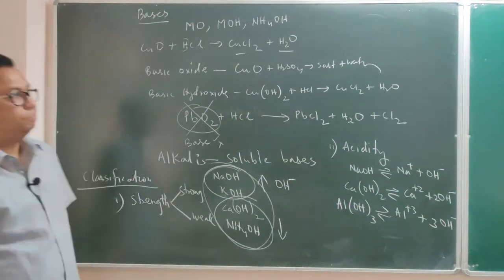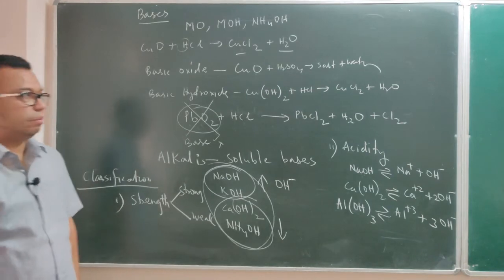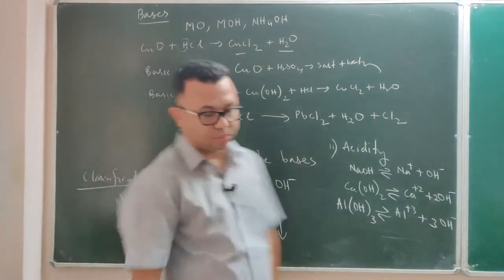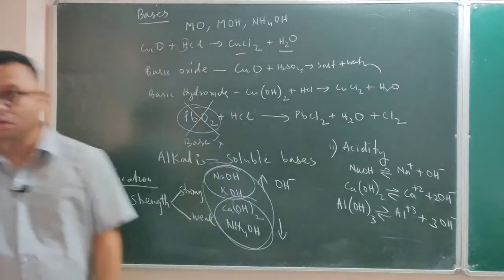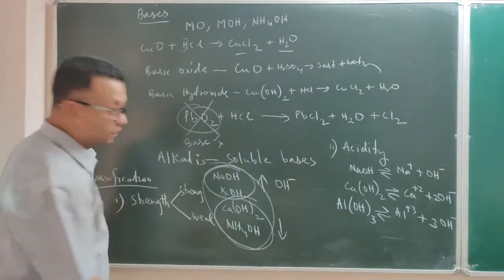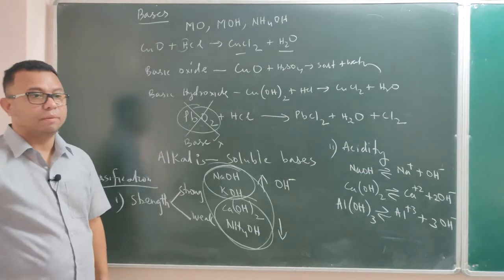Now moving further, we will discuss the properties of bases. Just as we discussed the properties of acids, in the same way we will also discuss the properties of bases.